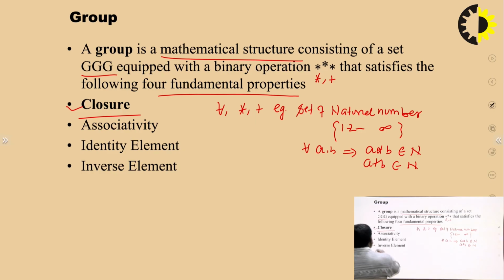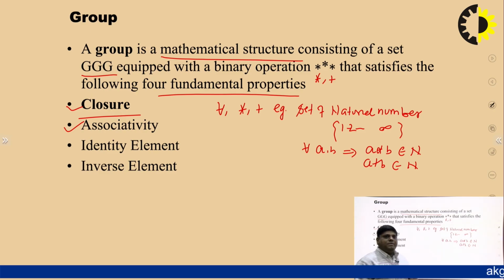Now, the second property is the associative law. The associative law is the next-level testing of the closure property.